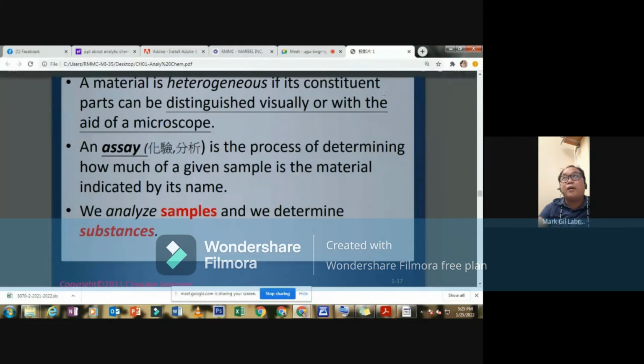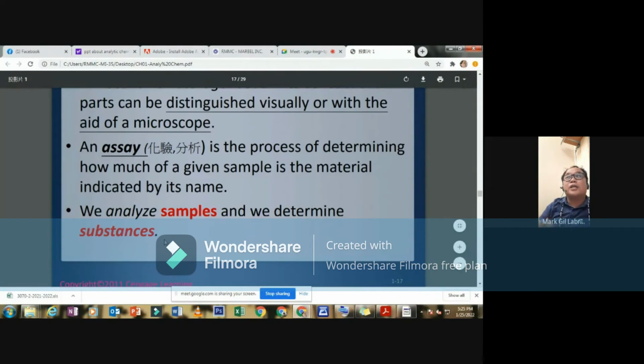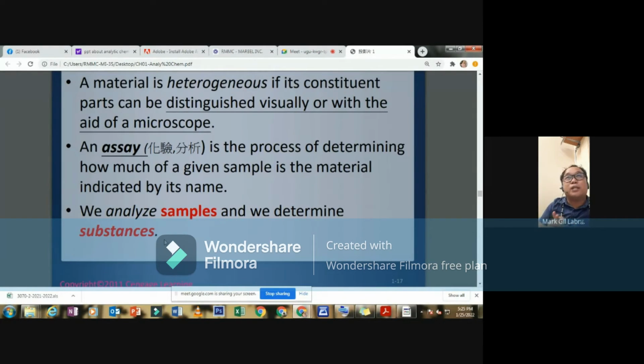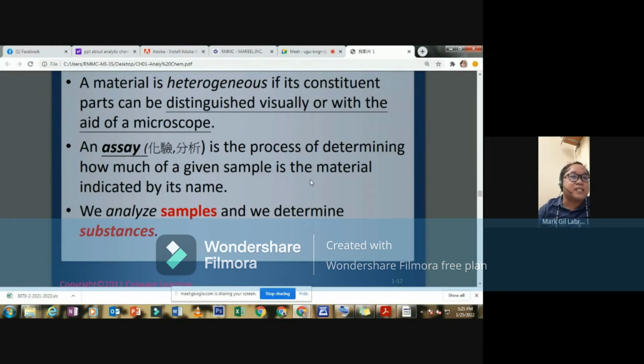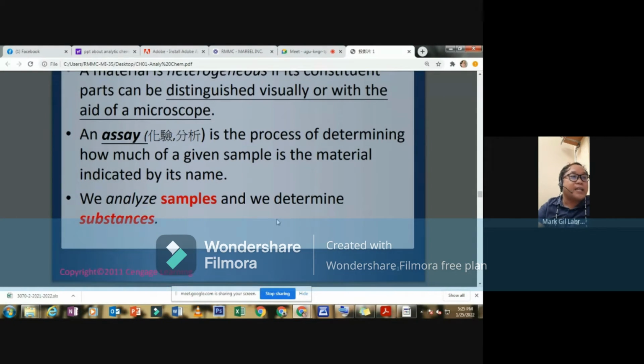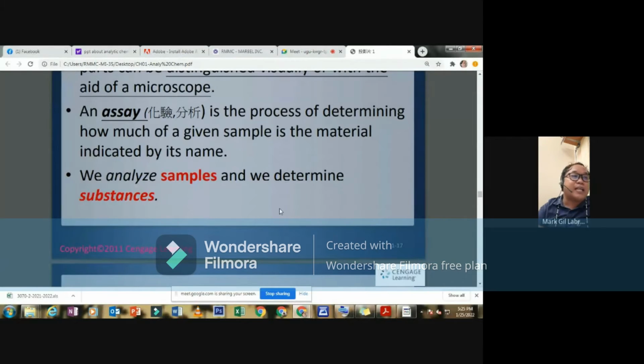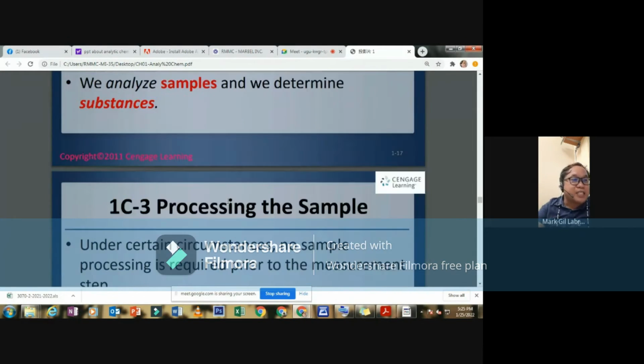So for example, nagkuha ka na ng sample, tapos sasabihin ko sa inyo, okay, you put the assay in the cover slip, in the cover glass, and then observe it in the microscope. So sometimes we use the term assay as the process of determining how much of a given sample is the material. And the last part is we analyze samples and we determine also the substances.